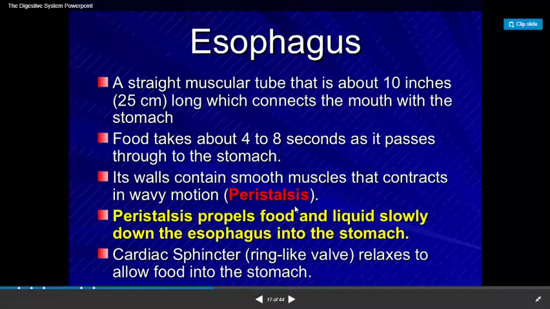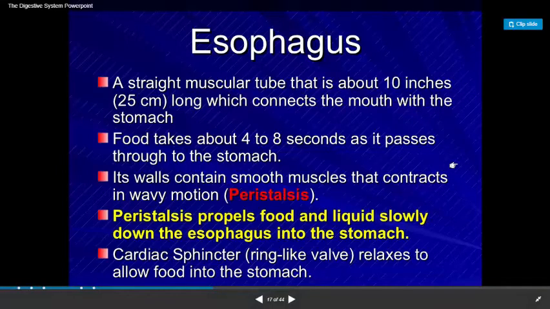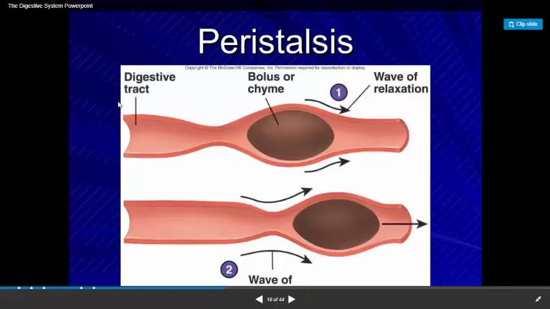Peristalsis means that there is contraction and relaxation, pumping of the food down to your stomach. Look here, this is a contraction, which means that the passage becomes tight, and this is a relaxation, which means it becomes larger, and then a contraction, it becomes tight. This is how the food is pushed down the esophagus.